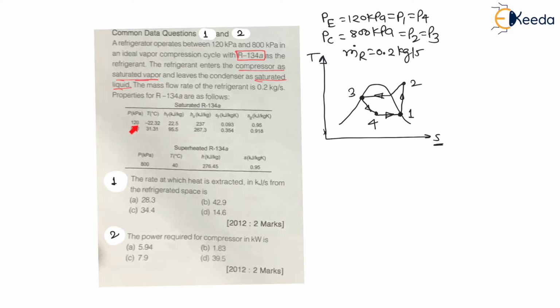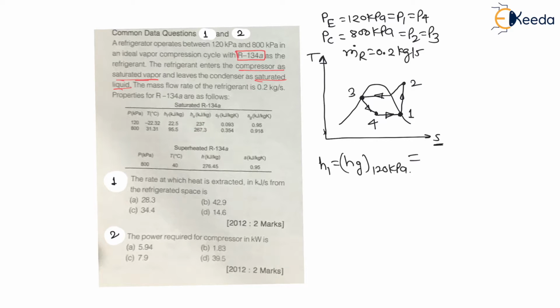Now 120 kilopascal is P1 and P4. Then H1, my dear students, can I say H1 is nothing but Hg value at 120 kilopascal, that is evaporator pressure, right? Therefore for H1 at 120 kilopascal we have to see Hg value, which is 237 kilojoule per kg.